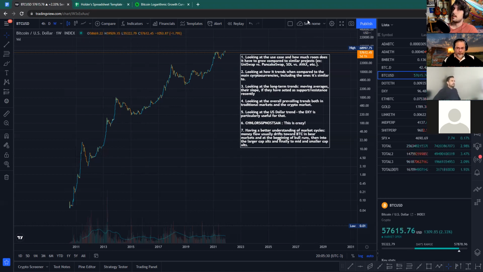Not necessarily if you're interested in it, but how much room does it have to grow compared to similar projects or its counterpart in traditional finance and the traditional economy. A few examples are Uniswap versus PancakeSwap, Solana versus AVAX, or those gaming coins and the gaming industry.